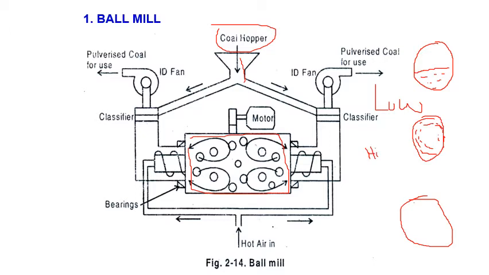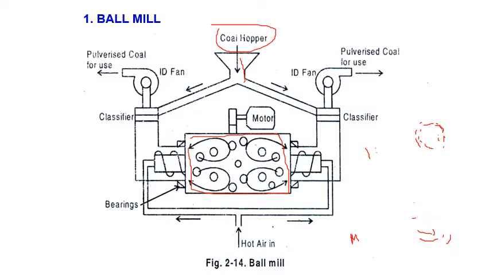At an optimized, generally medium speed, the coal moves in a centrifugal action and works in a better way. That's why the speed plays a very important role for the crushing of the coal to be effective.